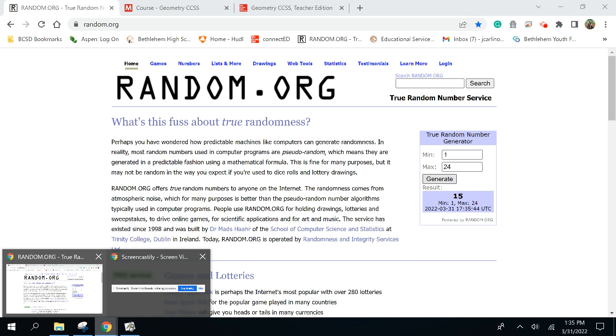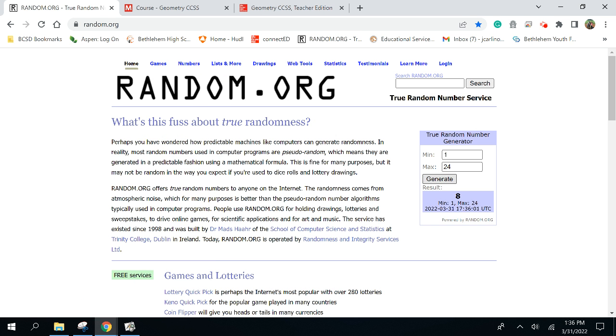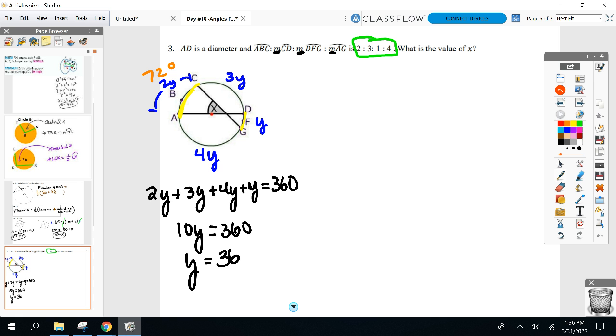What's the value of its vertical angle's arc? Angle x has a vertical angle. What's the measure of its arc? 72 is angle x's. I'm looking for its vertical angle's arc. 36. So angle x will be equal to, tell me what to do with these numbers now.